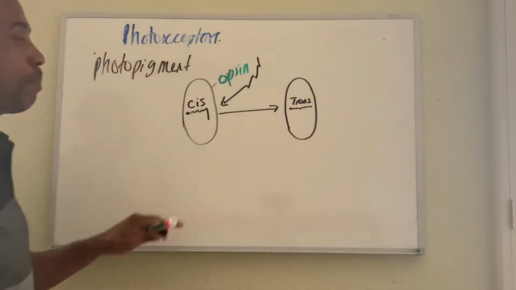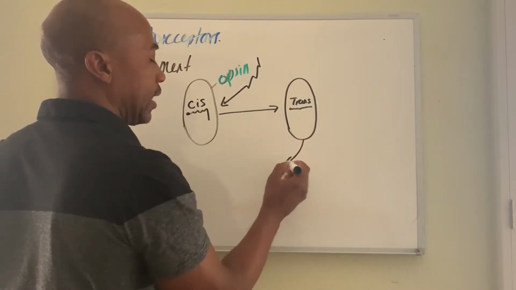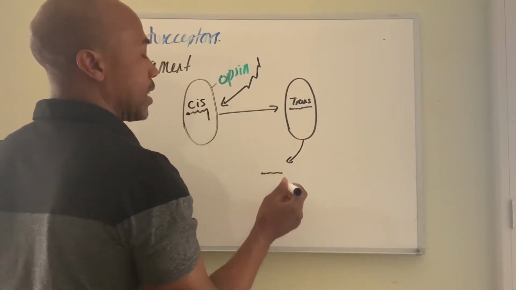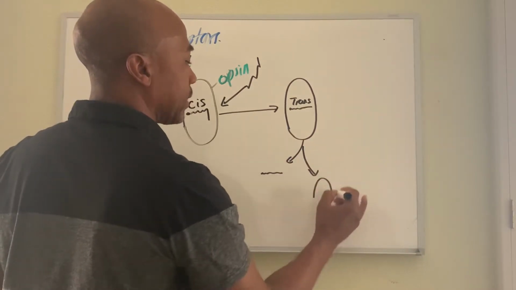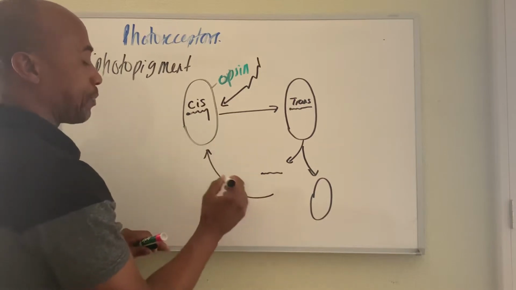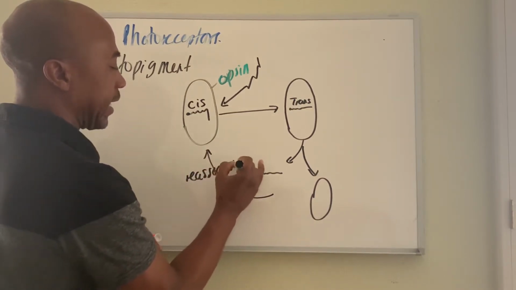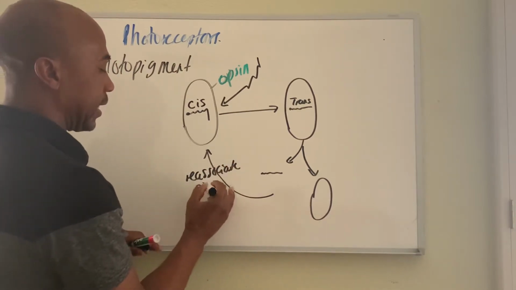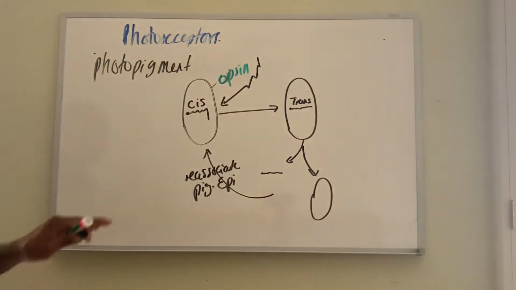Now at some point, these two things will dissociate, the trans retinol separating from the opsin. And then these two will reassociate back in the pigmented epithelium of the retina.